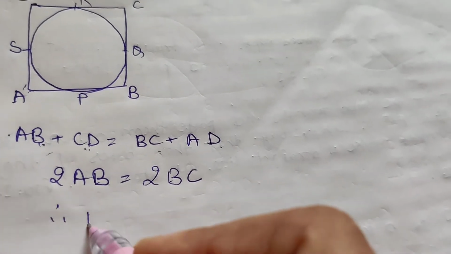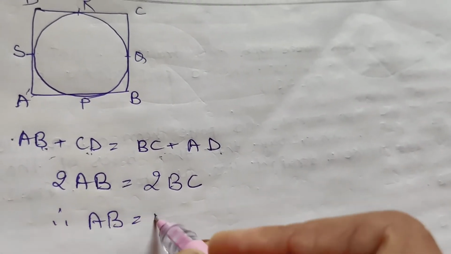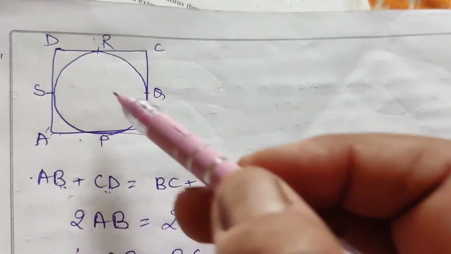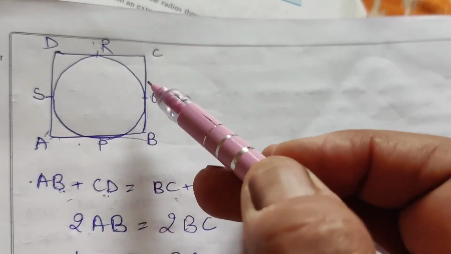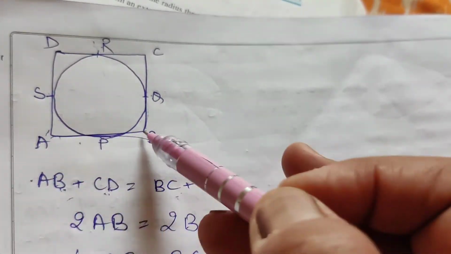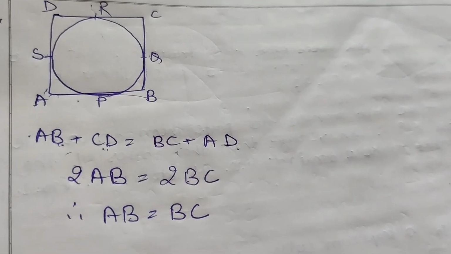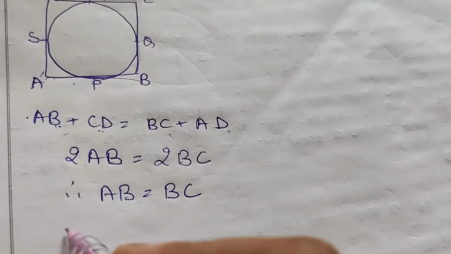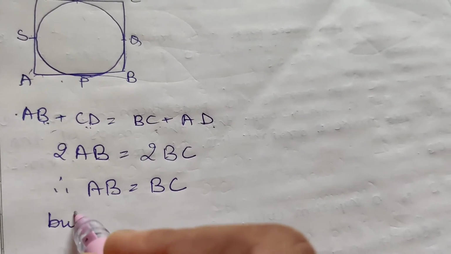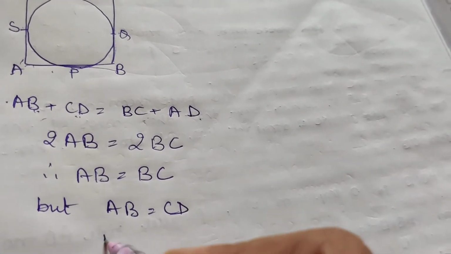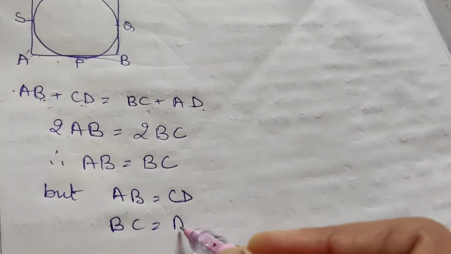Therefore, AB equals BC. Since AB equals CD and BC equals AD, all four sides are equal. What will it be? A rhombus.